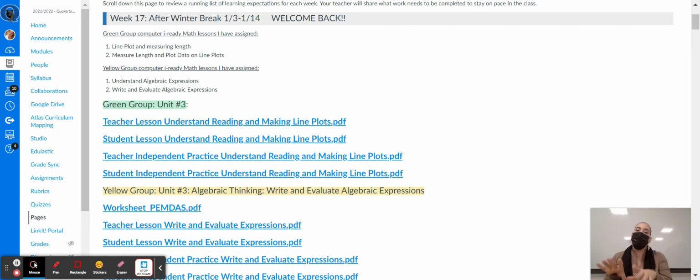Green is usually the second and third grade students. Blue group might be the in between, the fourth, fifth grade. And if you're a little bit higher level, looking at those fifth, sixth, seventh grade students, that's usually the yellow groupers. So that's how I place you.